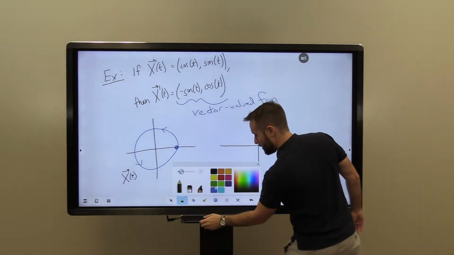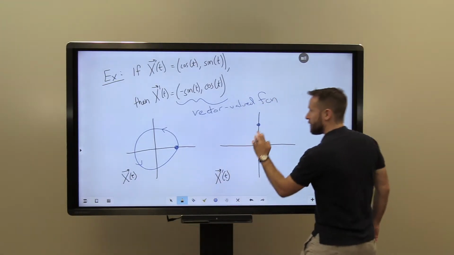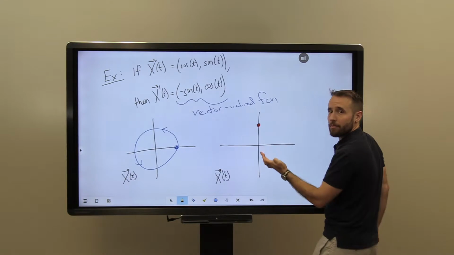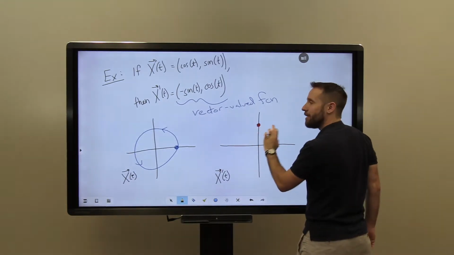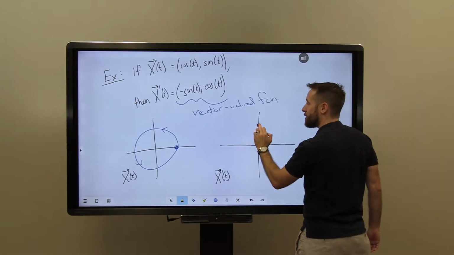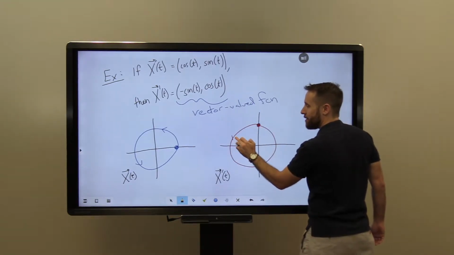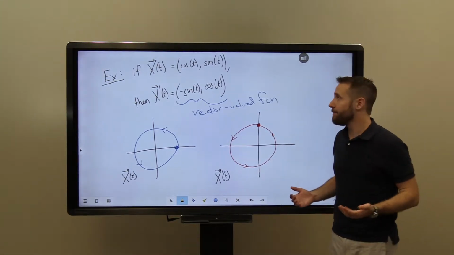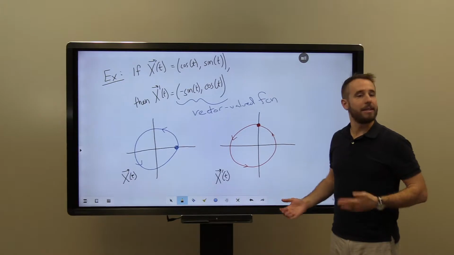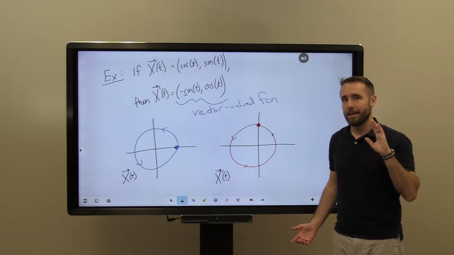Let me choose a different color here. So we start up here, and then we trace out this curve, and we'll see that this also goes counterclockwise. It also traces out the unit circle. It just happens to start at this different location. So the derivative of x of t is this new parametrized curve, x prime of t.